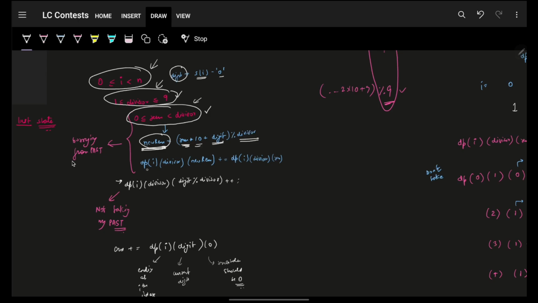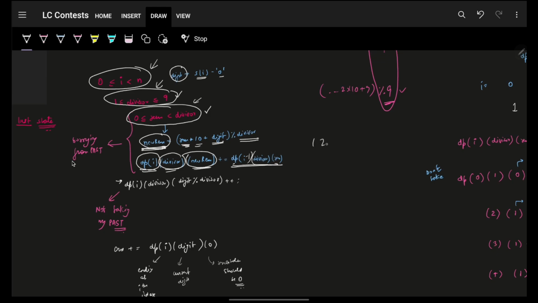Now I will say that dp of I, divisor, new remainder, which says ending at index I with this current divisor and achieving a new remainder, I will add an impact of ending at index I minus 1 with the same divisor but with the previous remainder, right? I'll simply add the impact.